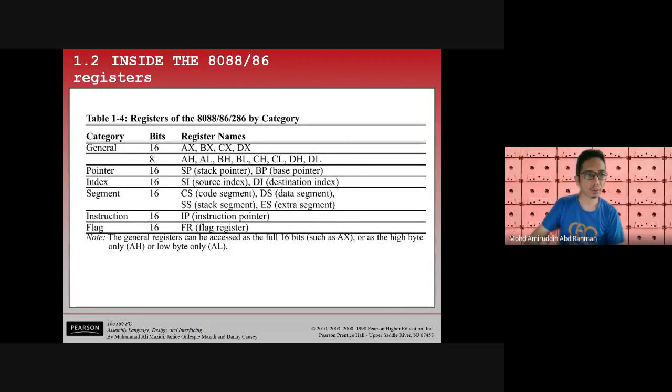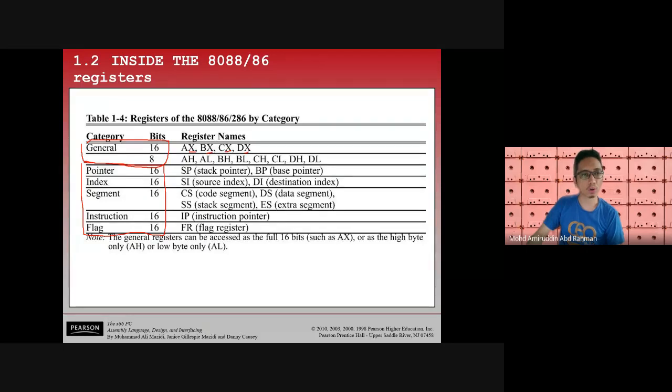As I said, for the general-purpose registers we can have either 8 or 16 bits, but for the others it must always be 16. For 16-bit we have AX, BX, CX, DX. For the 8-bit we must have the two halves, so always H and L for each.